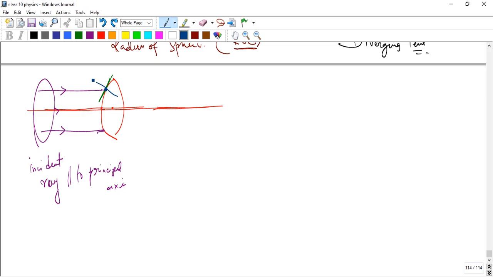This blue color line represents the normal, which is at 90 degrees to the line of incidence. I know that if this is air and this is glass, a denser medium, the light is bending.